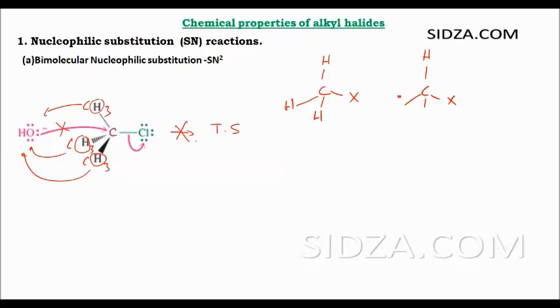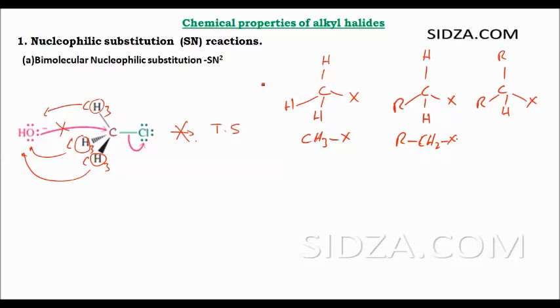In the 1 degree we have one alkyl group. It's also possible with the secondary alkyl halide. However, most easily the SN2 is favored with the methyl alkyl halide and the primary alkyl halide.